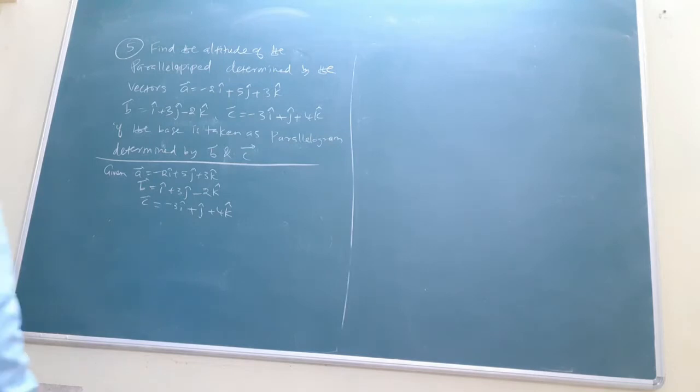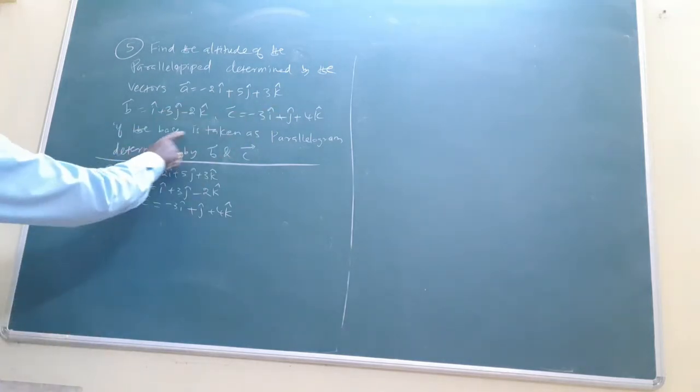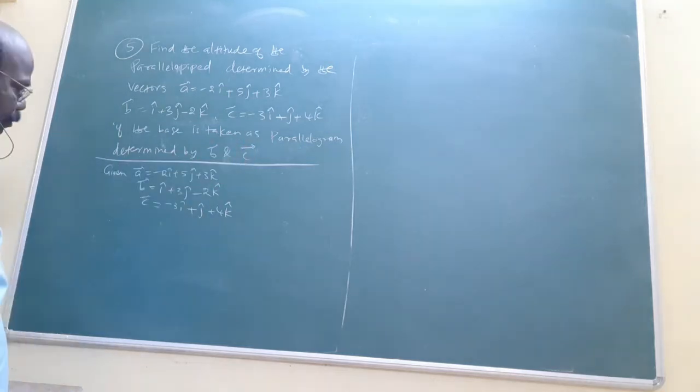Now question number 5. Find the altitude of the parallelepiped determined by the 3 vectors A vector, B vector, C vector. The base is taken as the parallelogram determined by B and C. Here this is given. Now, volume of the parallelepiped, what is the formula?